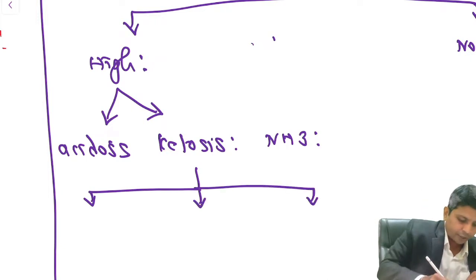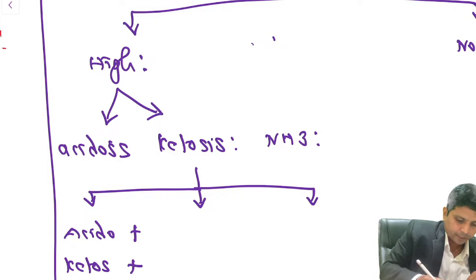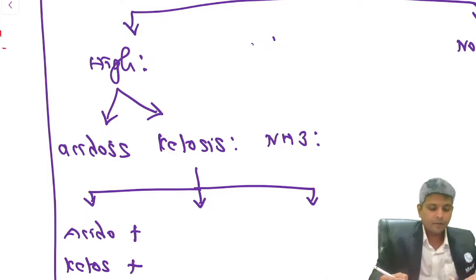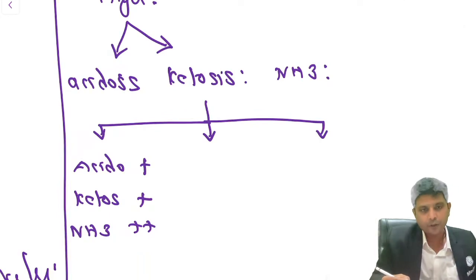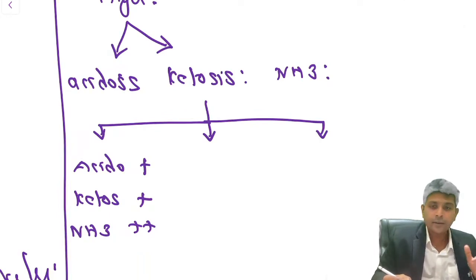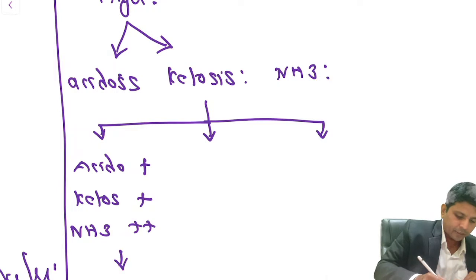First, acidosis present, ketosis present, ammonia elevated: it is called organic aciduria.